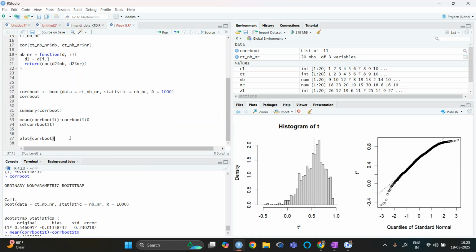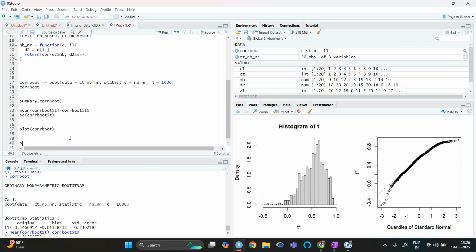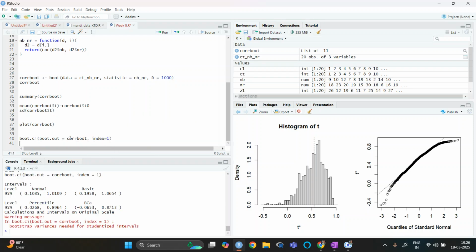Now for that, we will use boot.ci. Boot.out is our core boot, and I will just give index equal to 1.